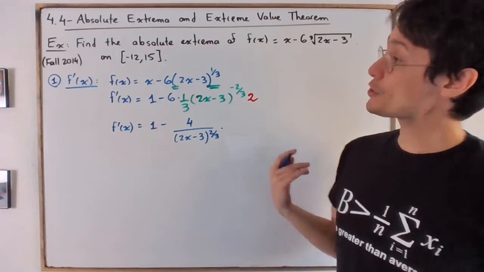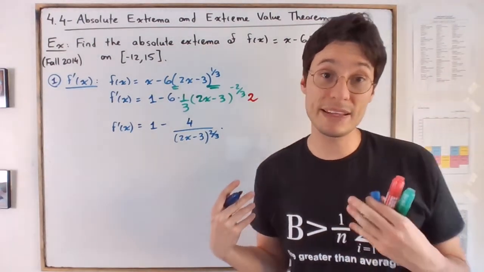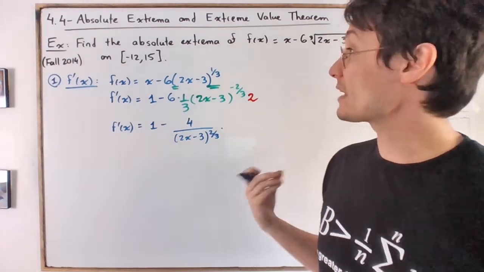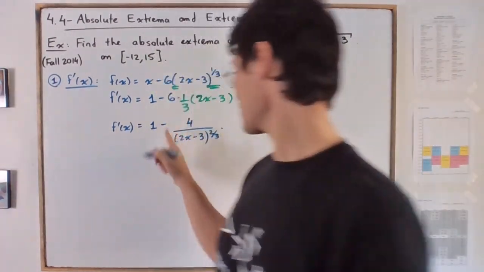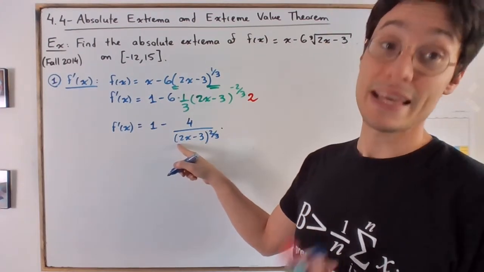Now we're going to find the critical values, right? We have 2 things to find out. We have to find where the derivative does not exist, which is fairly straightforward because it's only going to be when the denominator here is equal to 0.